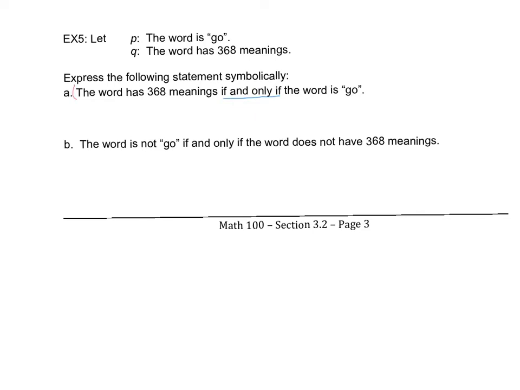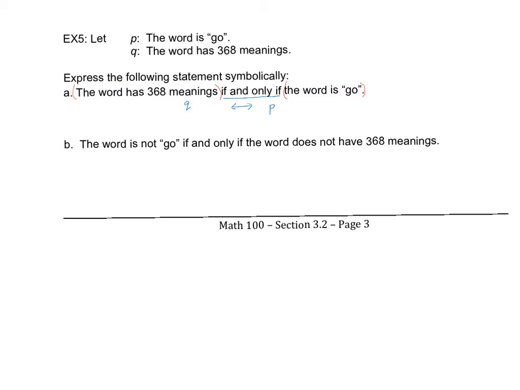On either side, the word has 368 meanings, that would be my Q, if and only if the word is go, which is P. Notice if I changed this around and said the word is go if and only if the word has 368 meanings, that statement would still be the same. Meaning-wise, order really doesn't matter in a biconditional.